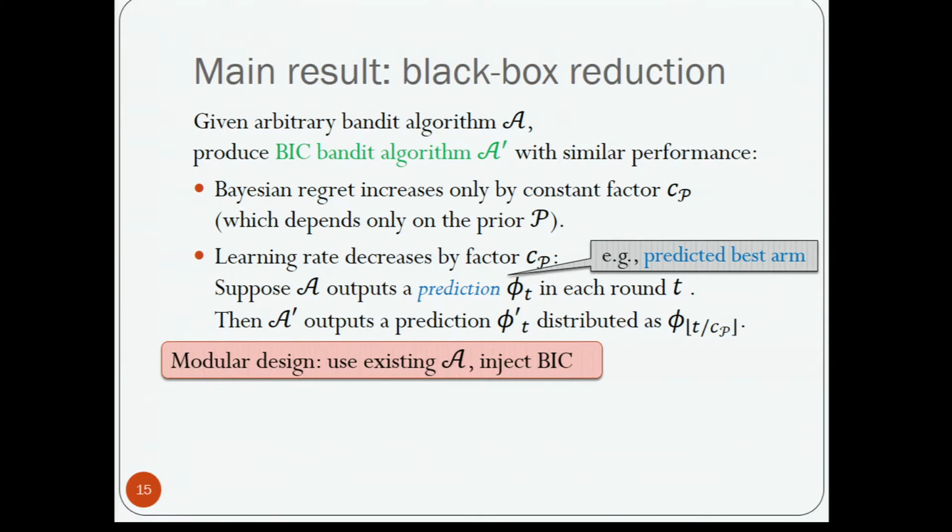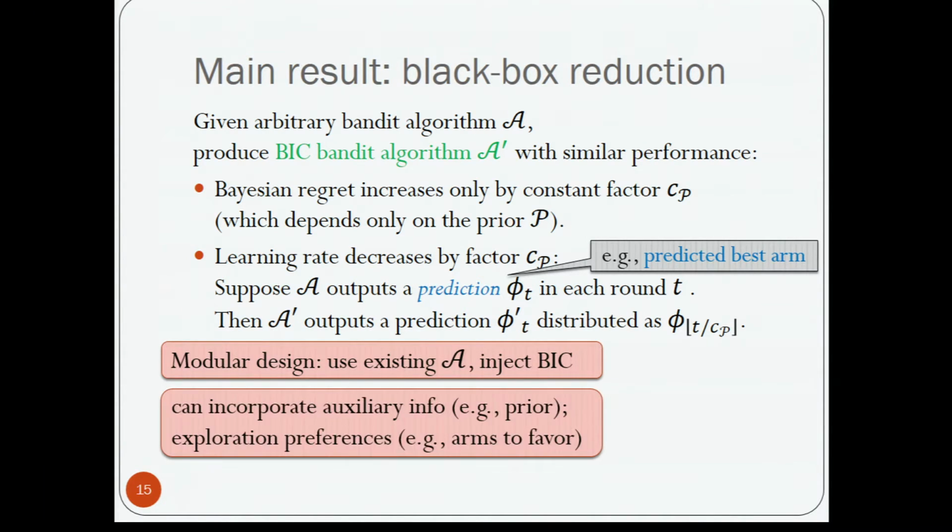So this kind of result is nice in the sense that it's modular. I mean, we can take an existing system and inject incentives into that system. Modular design is a good way, and sometimes the only feasible way, to design complicated systems.